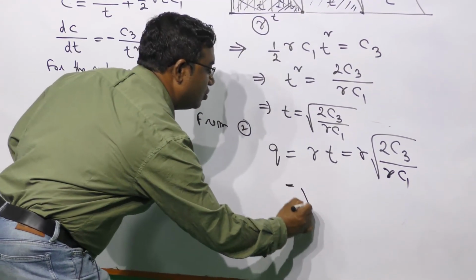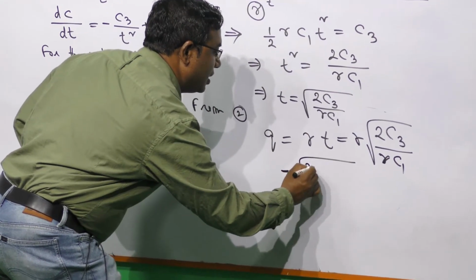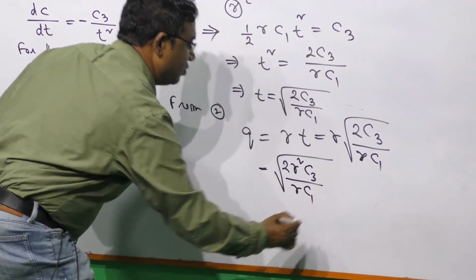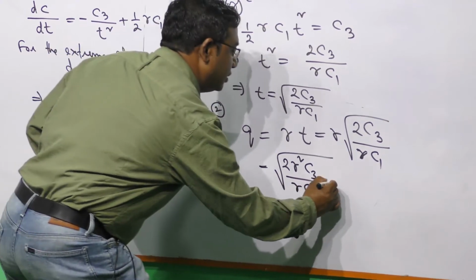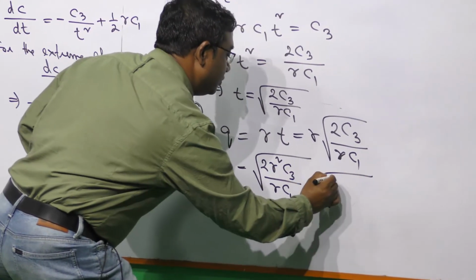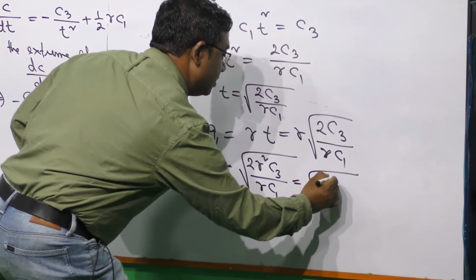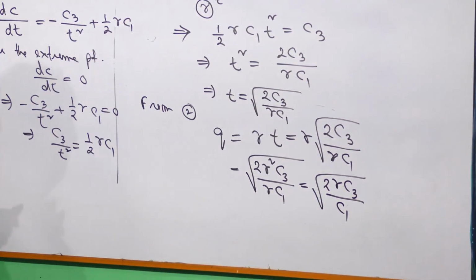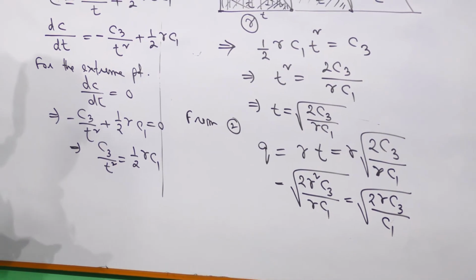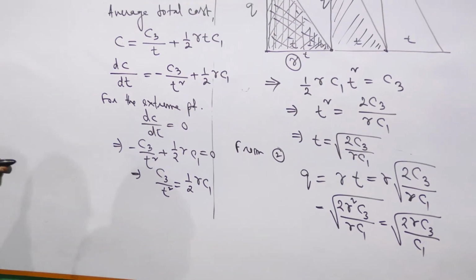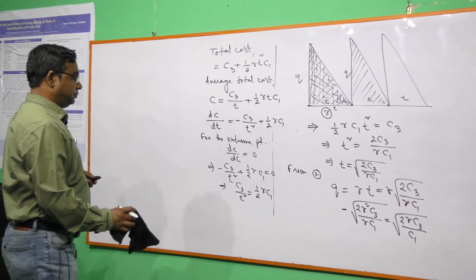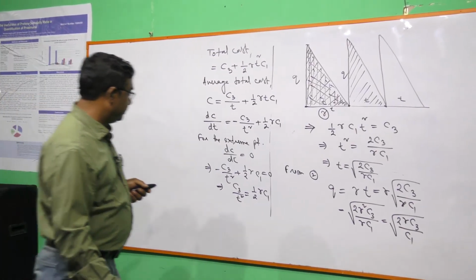Then this is equal to root over 2 R square C3 by R C1, which equals root over 2 R C3 by C1. So this is the optimal value of Q, the size of its run.